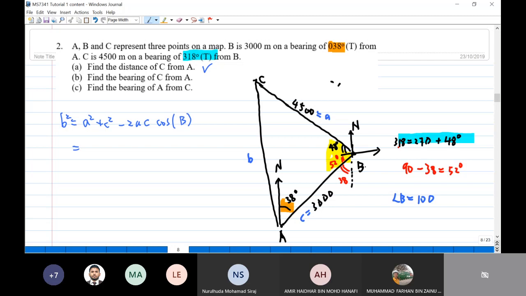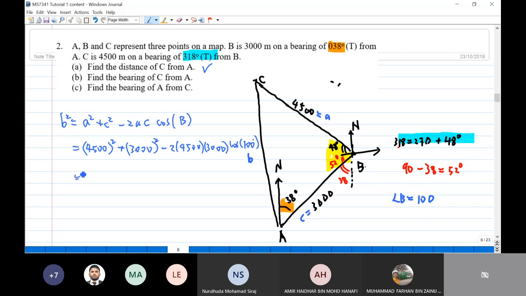So A is 4500 square, then C is 3000 square, minus 2 times A, which is 4500, times C, which is 3000, times cosine of angle B. We calculate angle B is 100 degrees.